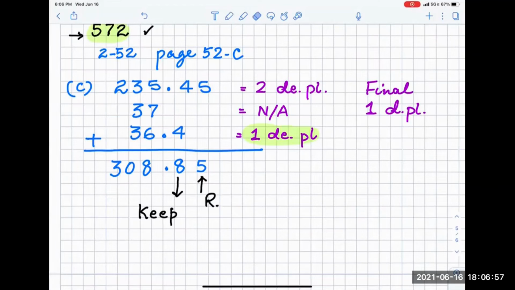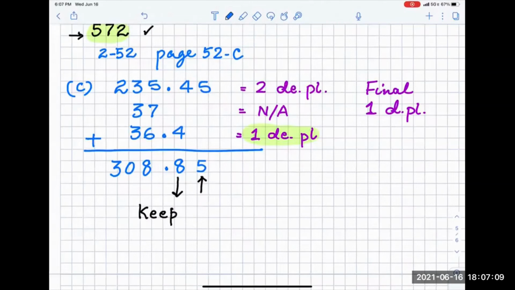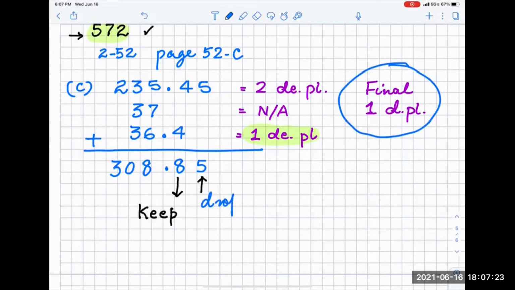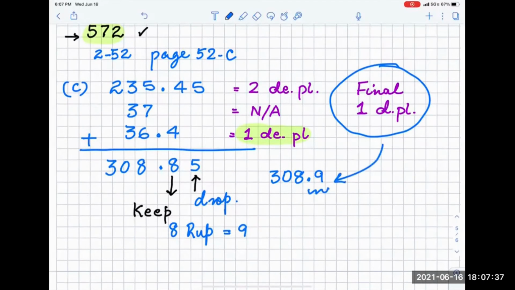You put 308, it's supposed to be 398, right? Okay, yeah, I got 308 too, never mind. So because of this rule, we keep 8 but drop 5, which means 8 is rounded up to 9. So this becomes 308.9, because we only need 1 place after the decimal.